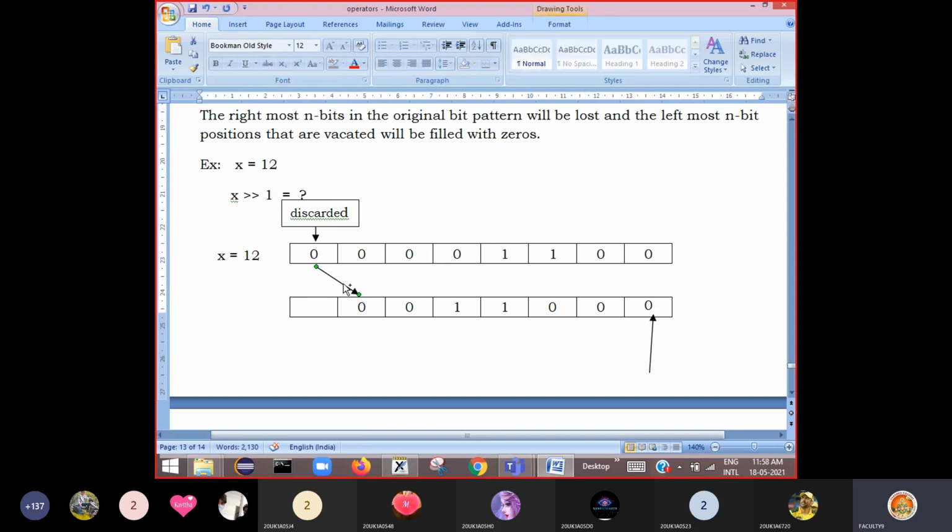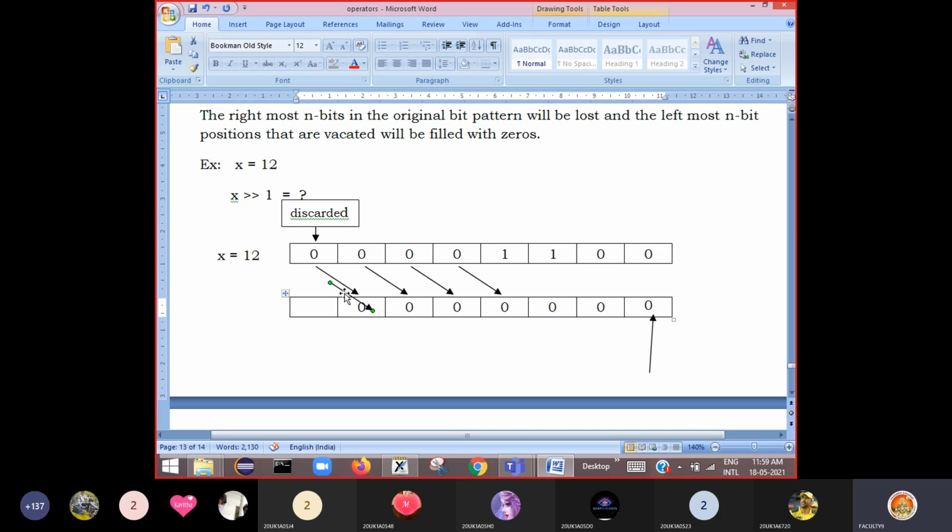Then this will come to this position. This 0 will come to this position. Then this will come to this position, so this 0 will occupy this position. Then this 0 will occupy this position, so here it will be 0.